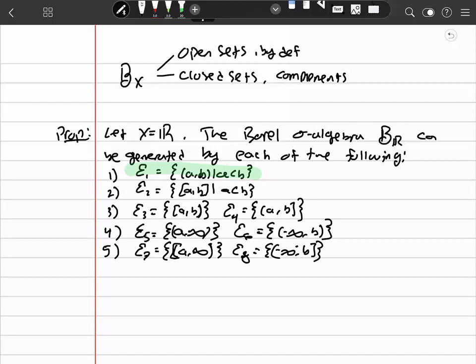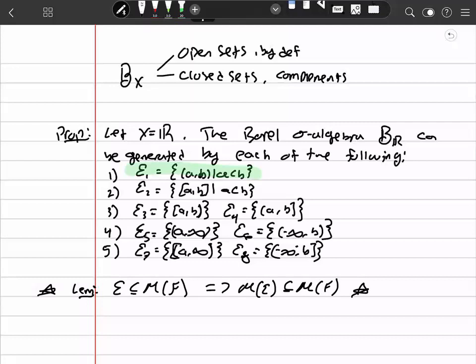Right, and the key item here that we're going to use is our lemma before, that if E is contained in the sigma algebra generated by a set F, that implies that M(E) is contained in M(F). So this is the key theorem here that we're going to use, because as we said before, the sigma algebras are unruly.